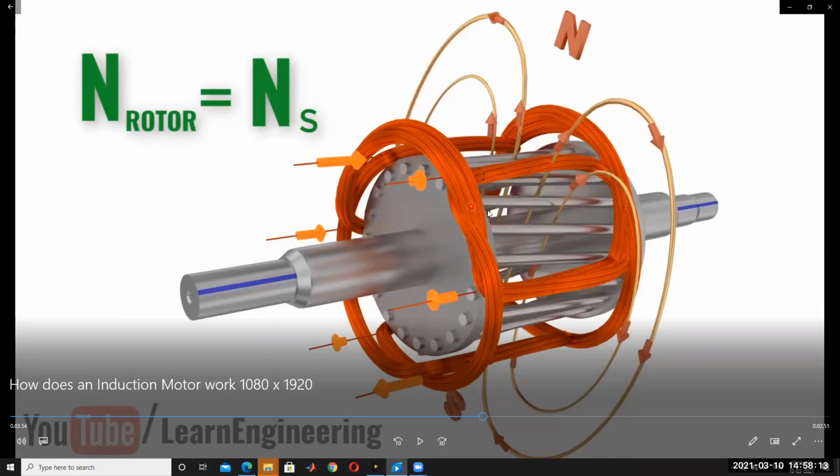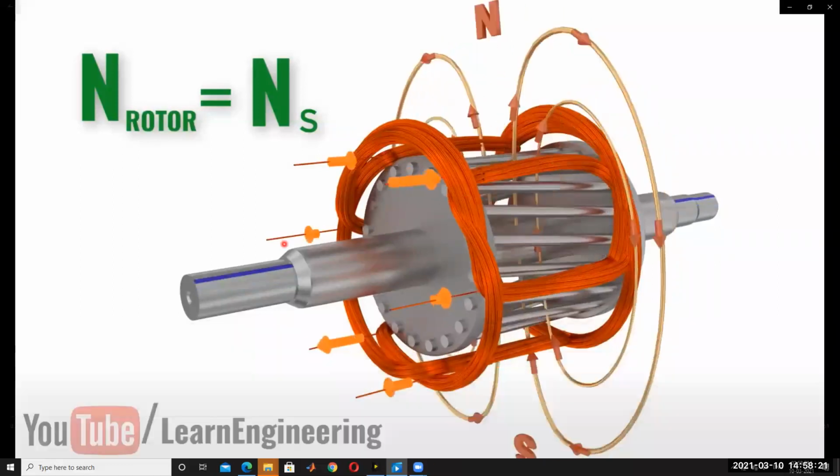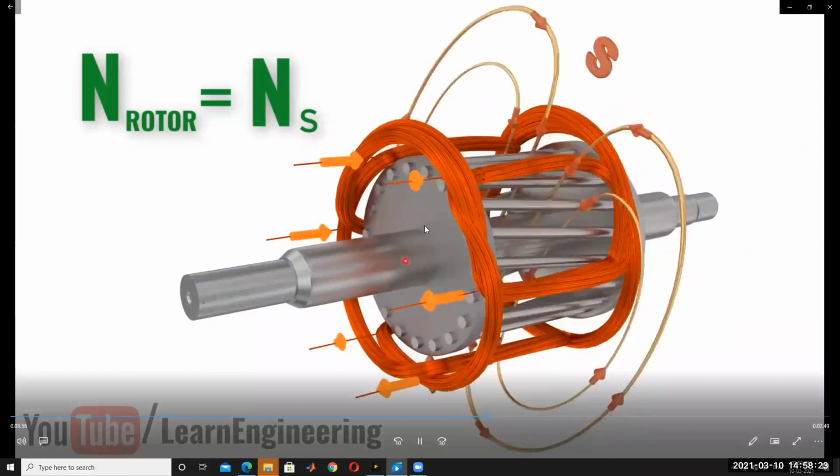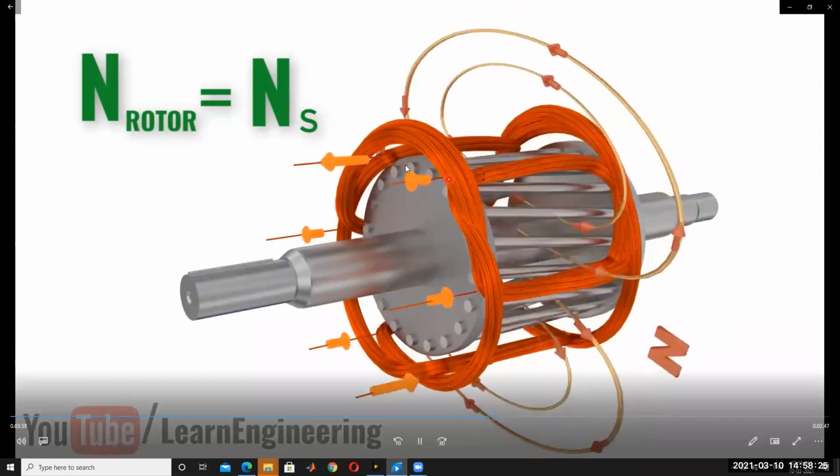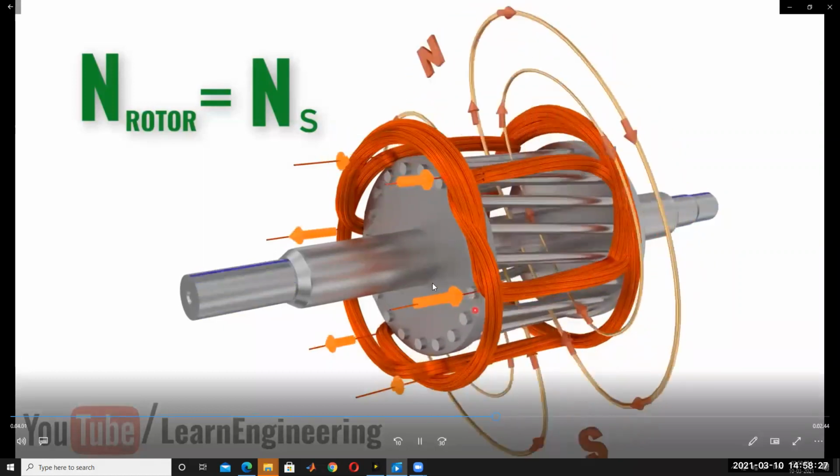That's why no torque is developed in the rotor. That's why the rotor speed is always less than the synchronous speed in an induction motor. Then only will it rotate.